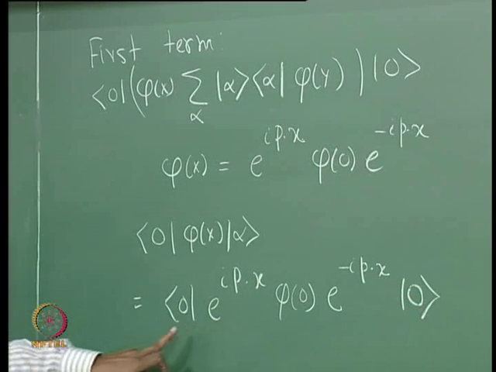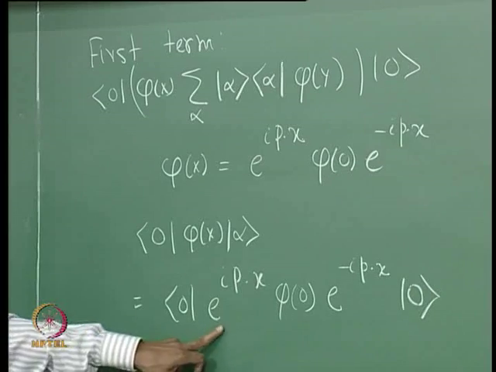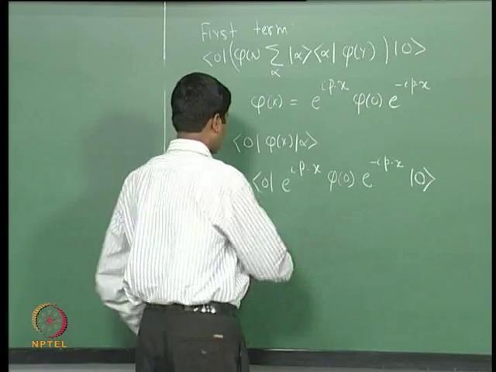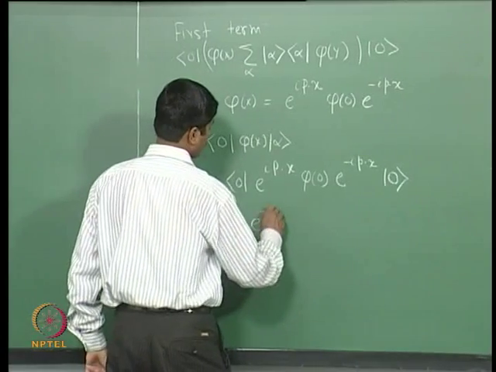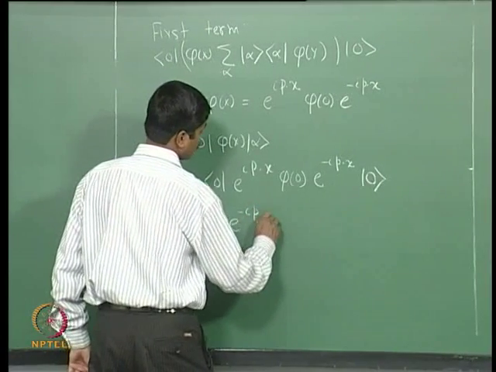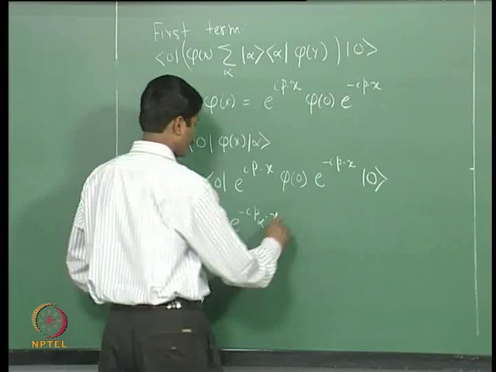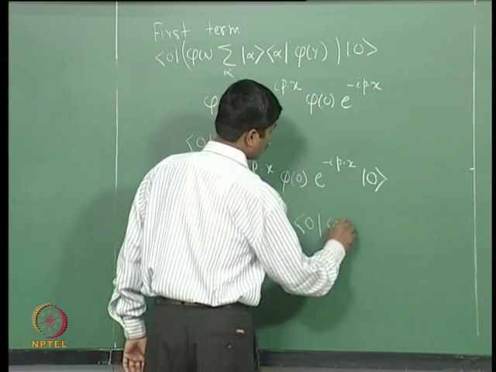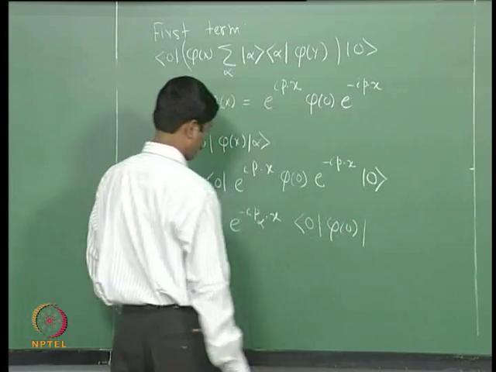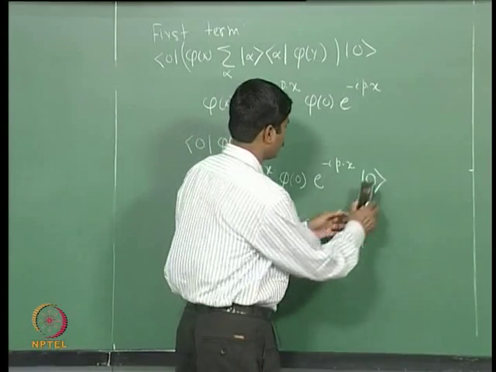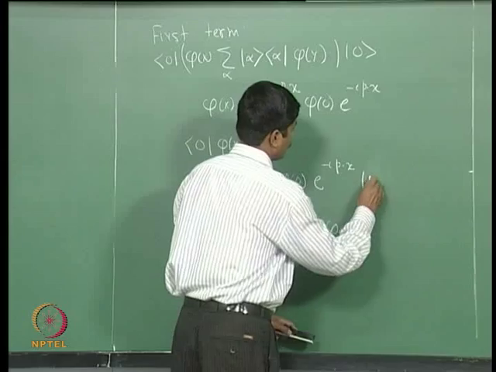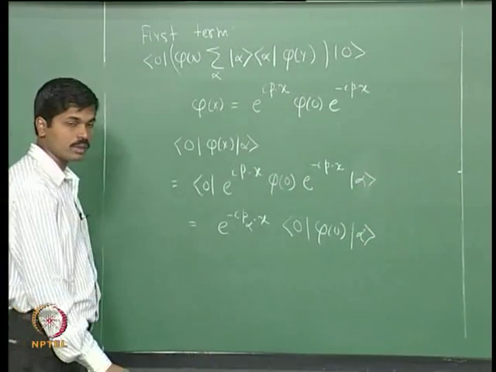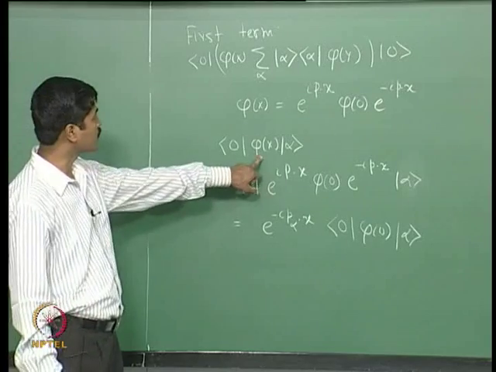Here this acting on the vacuum will keep the vacuum invariant, whereas this will give you a factor of e to the power minus i p alpha dot x. So, what you get is this times phi of 0, alpha. Okay. So, I will use this relation here.